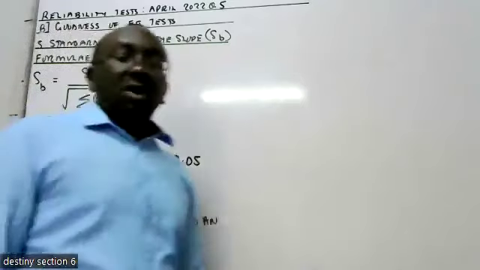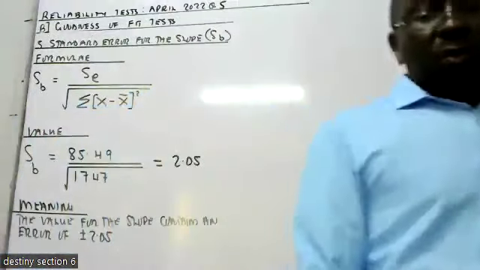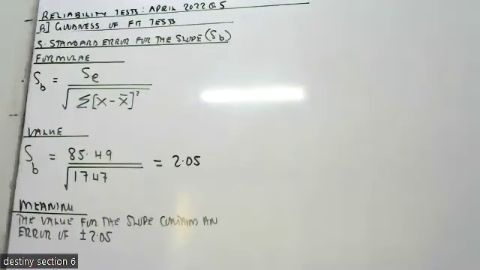So the slope that we got, the value for B, you should expect to get plus or minus 2.05.